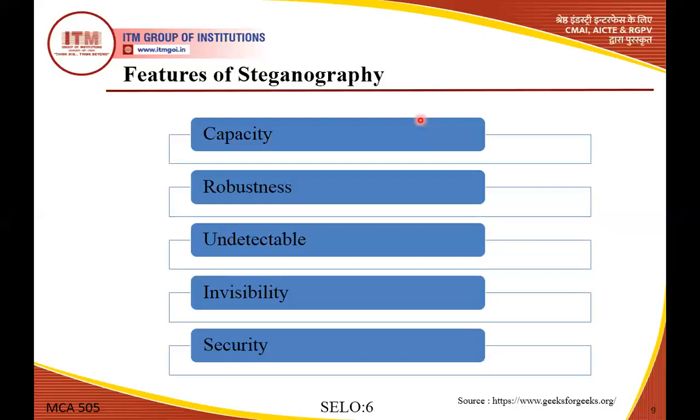But compared to steganography, the rotor machine is very useful because in a rotor machine it is very difficult to hack or decrypt our plain text. So this is all about the features and differences of steganography and the rotor machine.